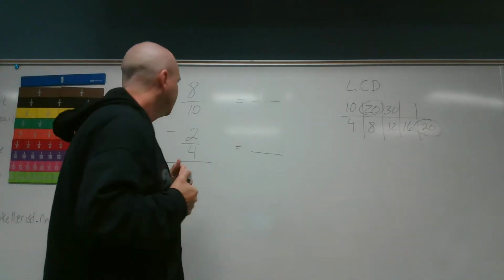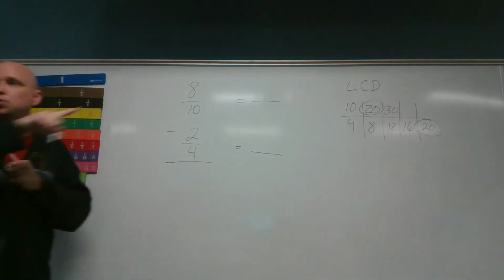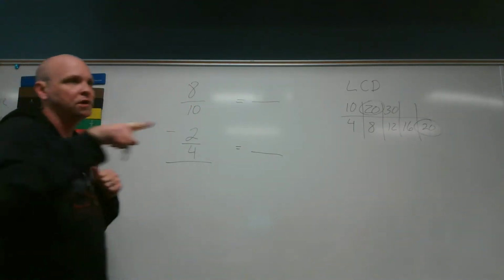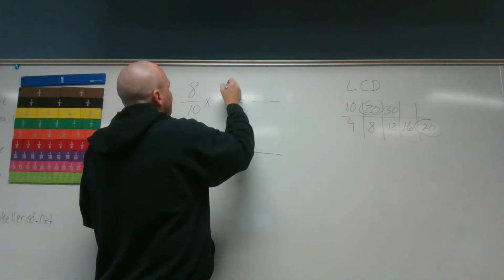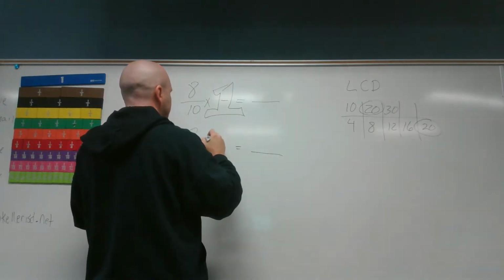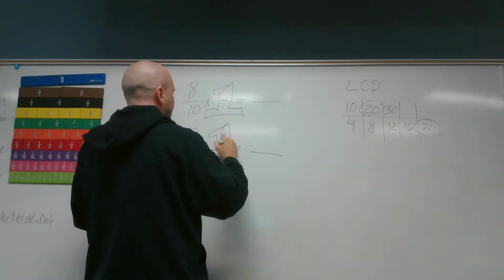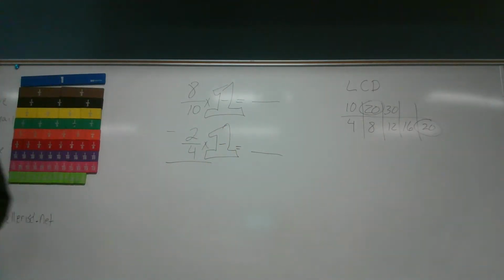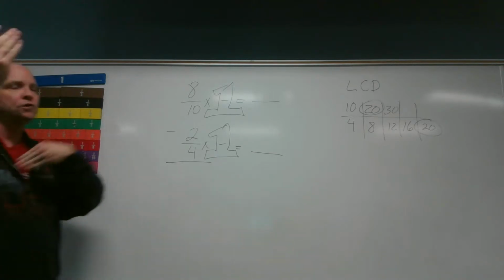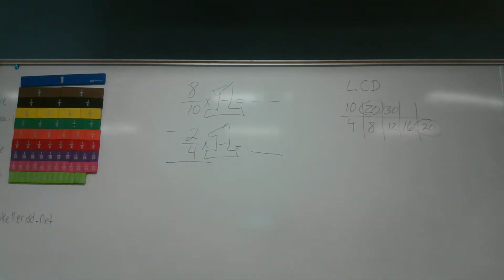3/10. So now we're going to change, and I'm going to use the 20 just because I want you to see the whole process. We need to change these fractions without changing the value. Now what I saw and what I heard when you're talking about it is some of you just change the denominator without changing the numerator.